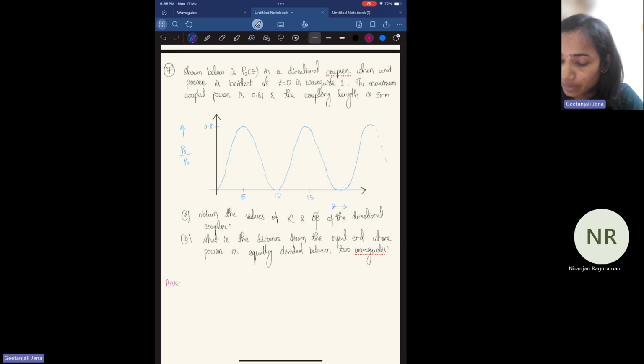The maximum coupled power is 0.81 and the coupling length is 5 mm. Obtain the value of kappa and delta beta of the directional coupler. What is the distance from the input end where the power is equally divided between the two waveguides?